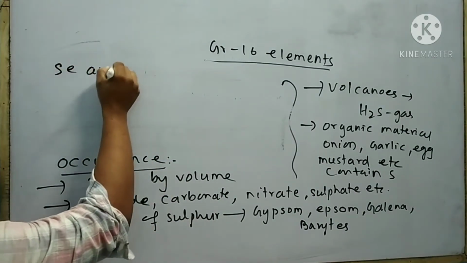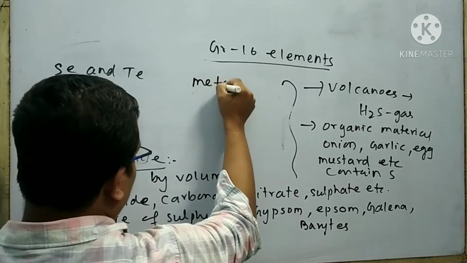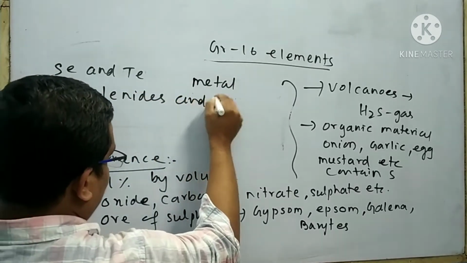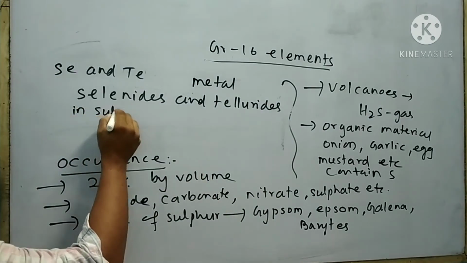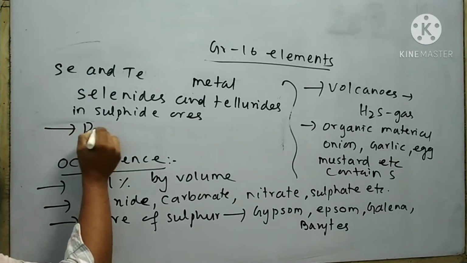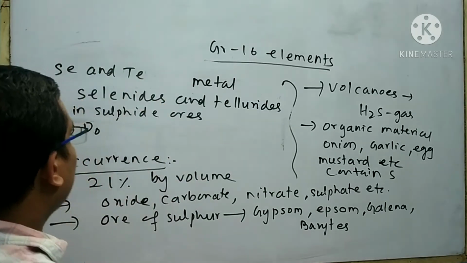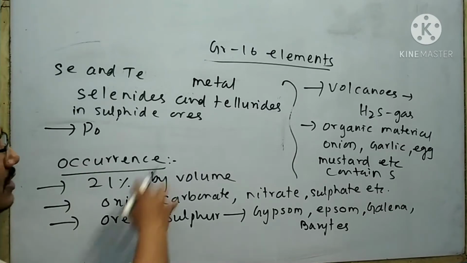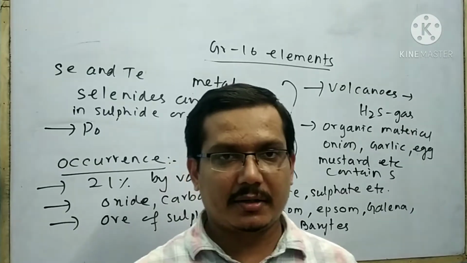Selenium and tellurium are present as metal selenides and tellurides in sulfide ores. Polonium is present as a decay product in thorium and uranium minerals. These are the occurrences of group 16 elements.